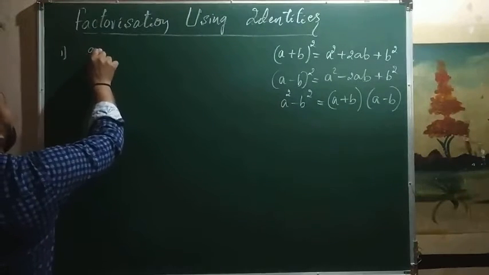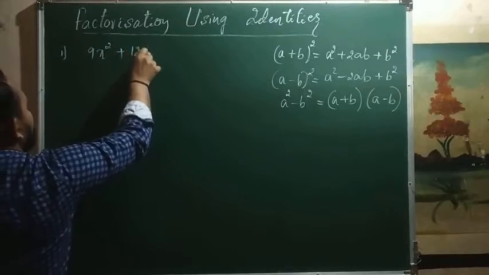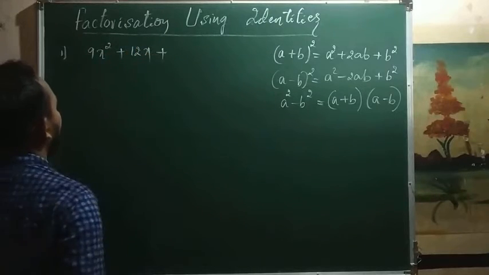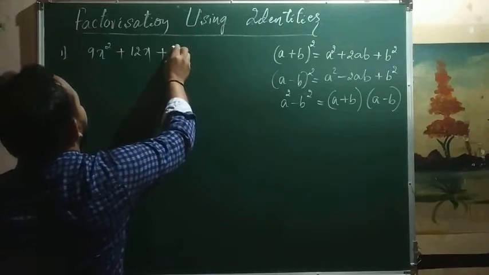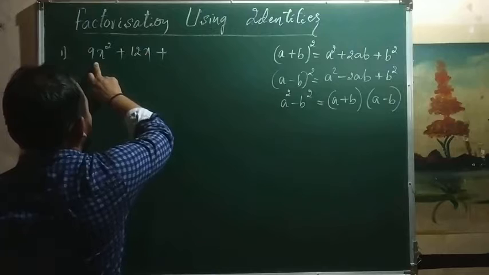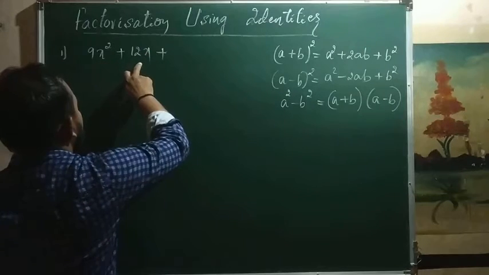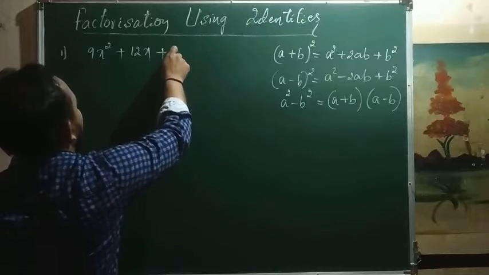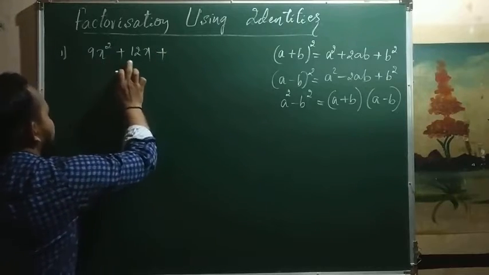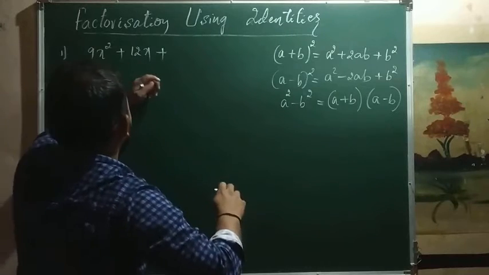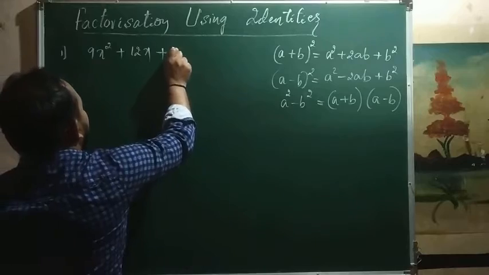Here, 9x square plus 12x plus 4. Two 3s are 6.